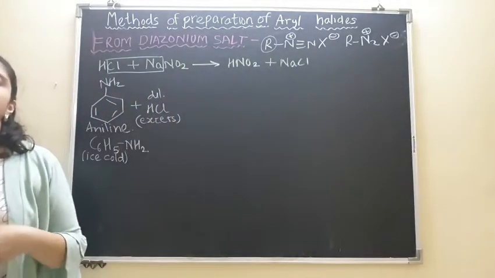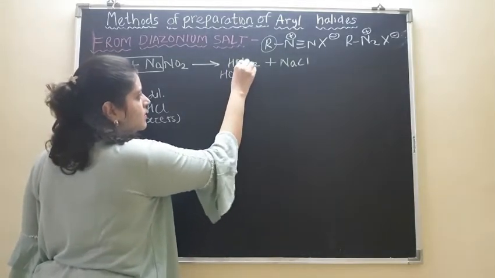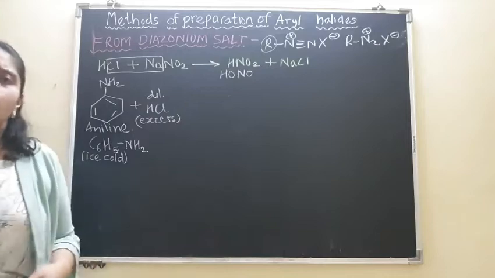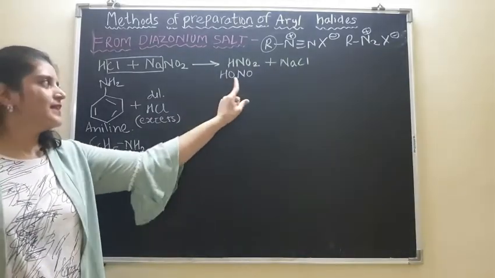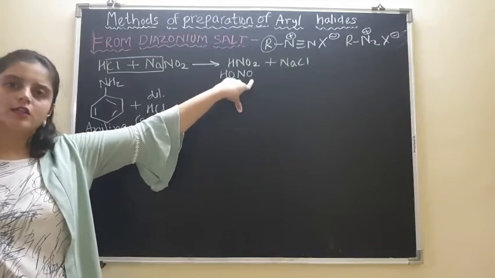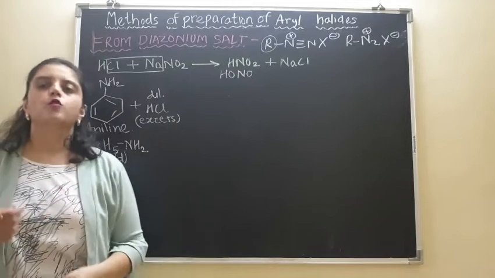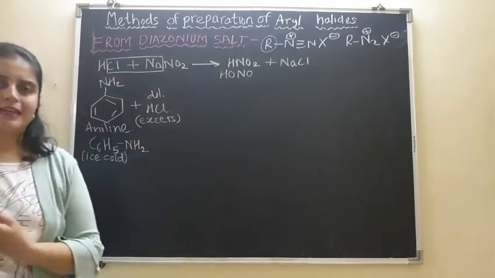Now this HNO2 can also be written as HONO. This HONO is nothing but HNO2, one atom of hydrogen, one nitrogen and two oxygen. So HONO and HNO2 are one and the same thing.